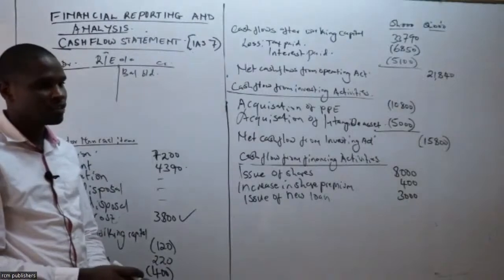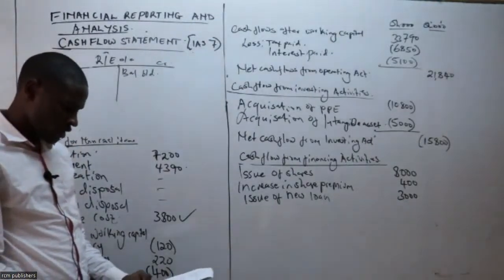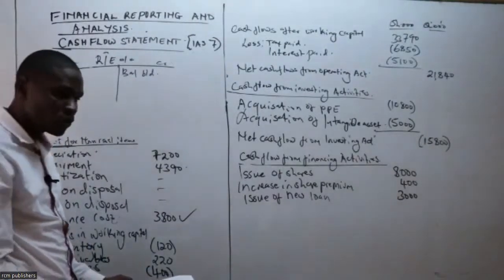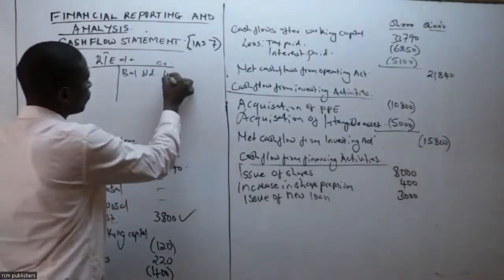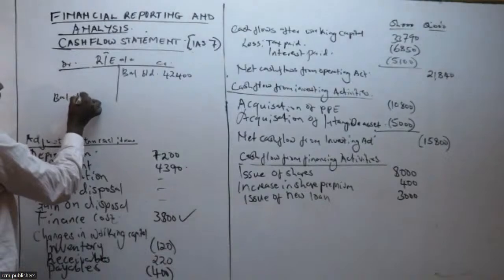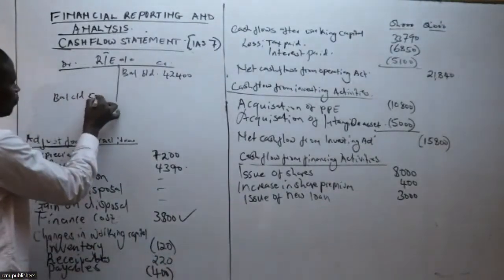Retained earnings just there. Haina maneno hiyo. Retained earning yetu ama retained profit 42. Can you see 42,400? And then the balance that is carried down, it is how much? 52,770.